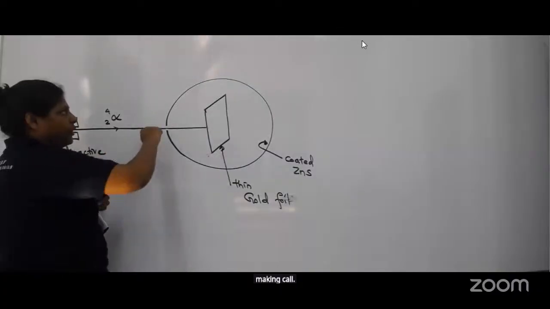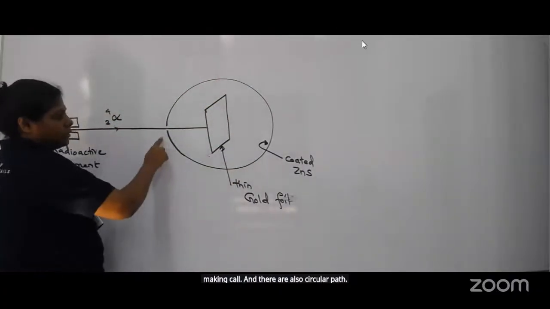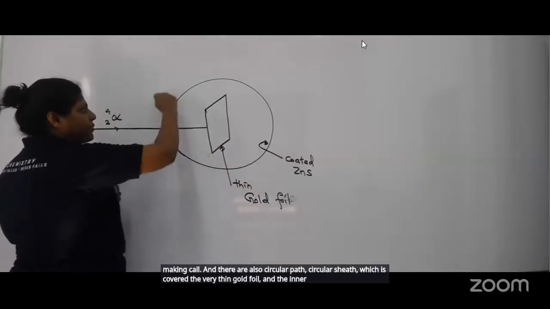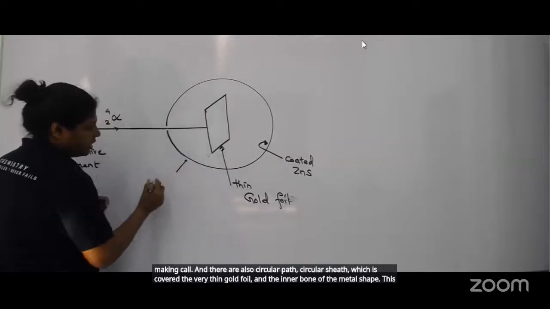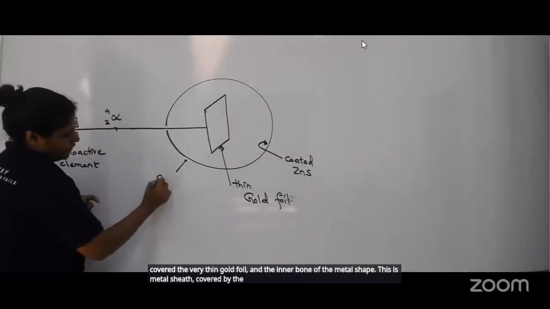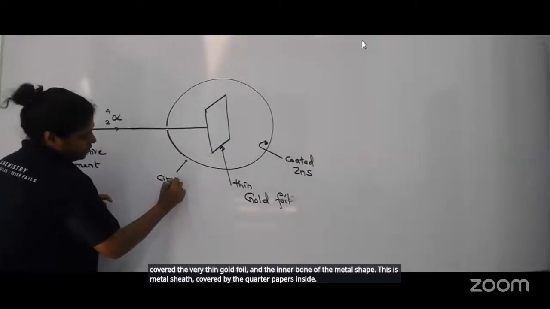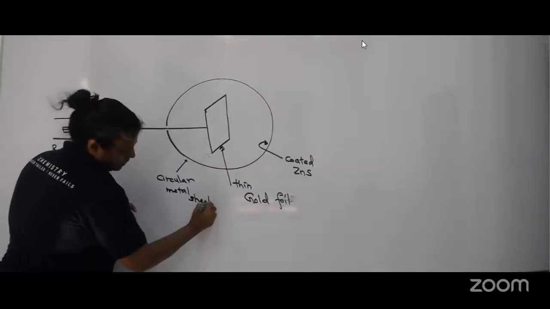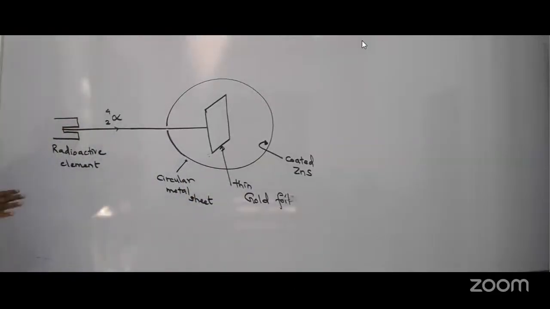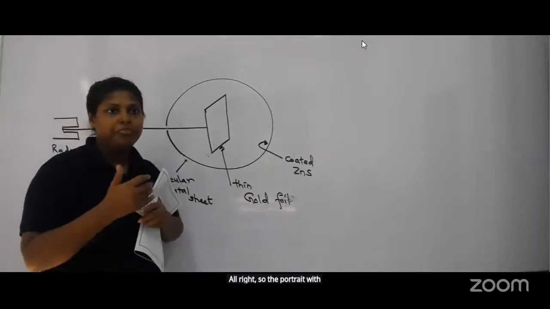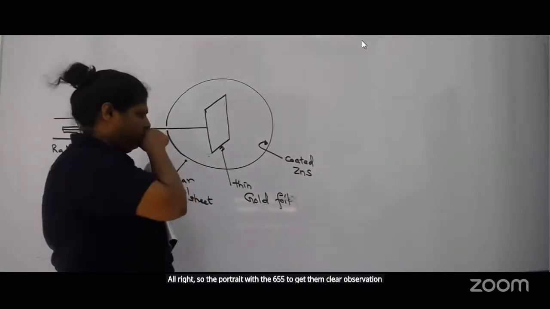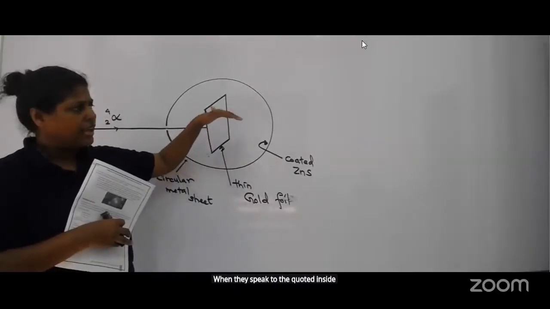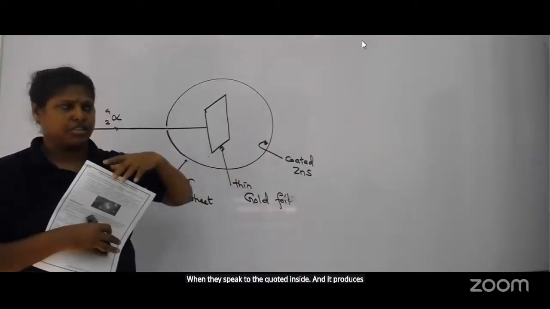There was a circular sheet covering the very thin gold foil, and the inner wall of this metal sheet is coated with zinc sulfide to get a clear observation, because when rays hit the coated zinc sulfide, it produces bright spots.